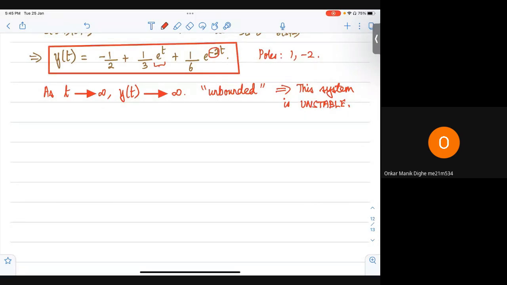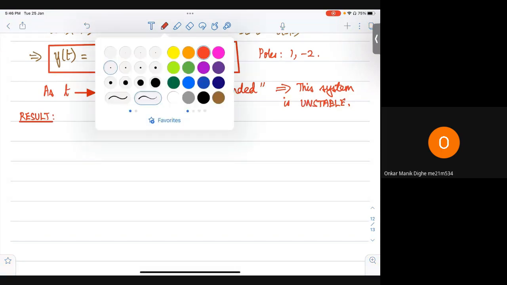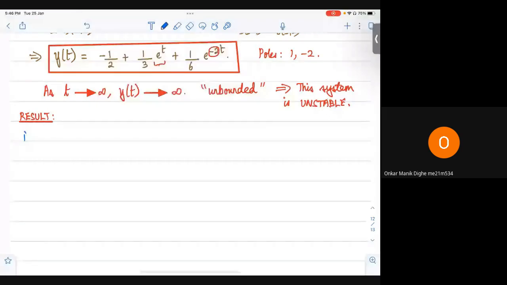So now let me write down the general result. Okay, so is this reasoning fine? Clear? I hope this concept is clear. So from the example, I'm going to write a couple of generalizations. Okay, so what are these generalizations?